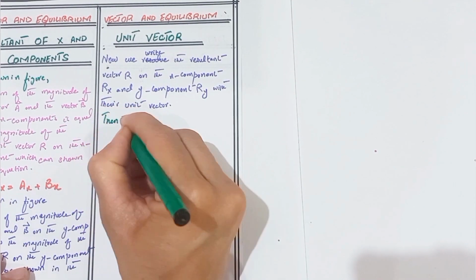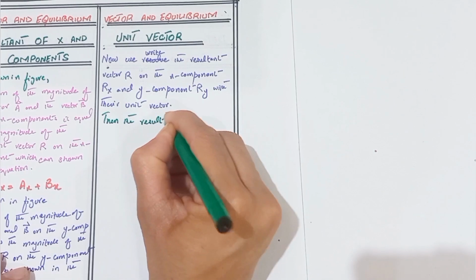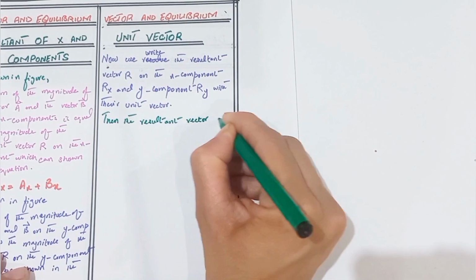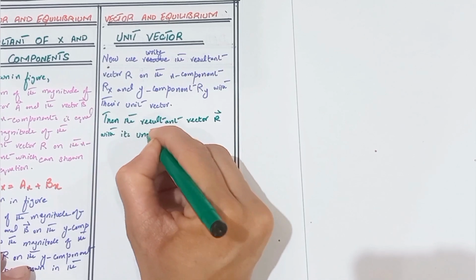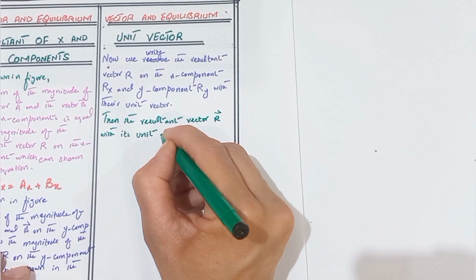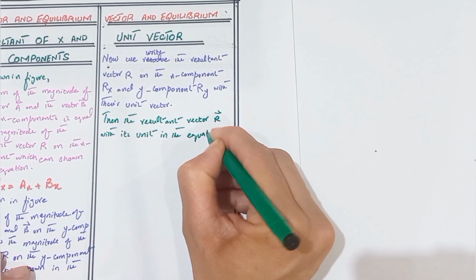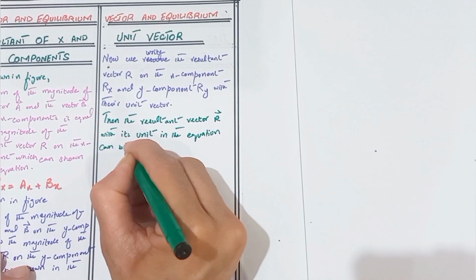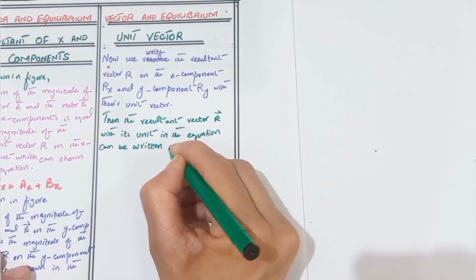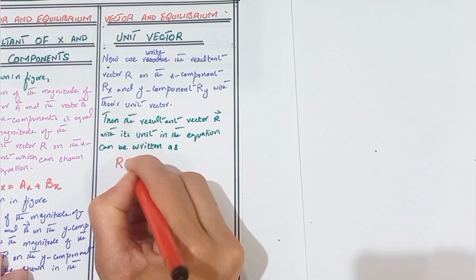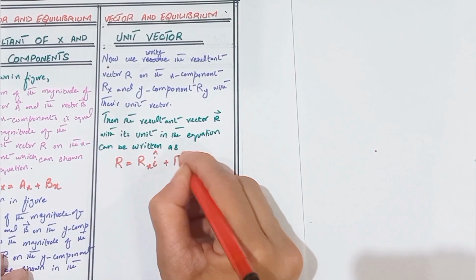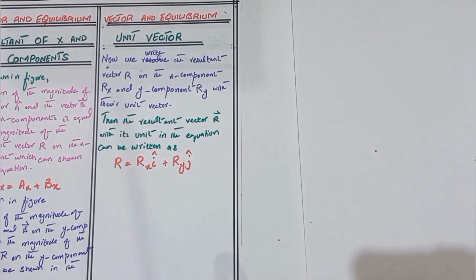Then the resultant vector R can be written as R = Rx i unit vector + Ry j unit vector.